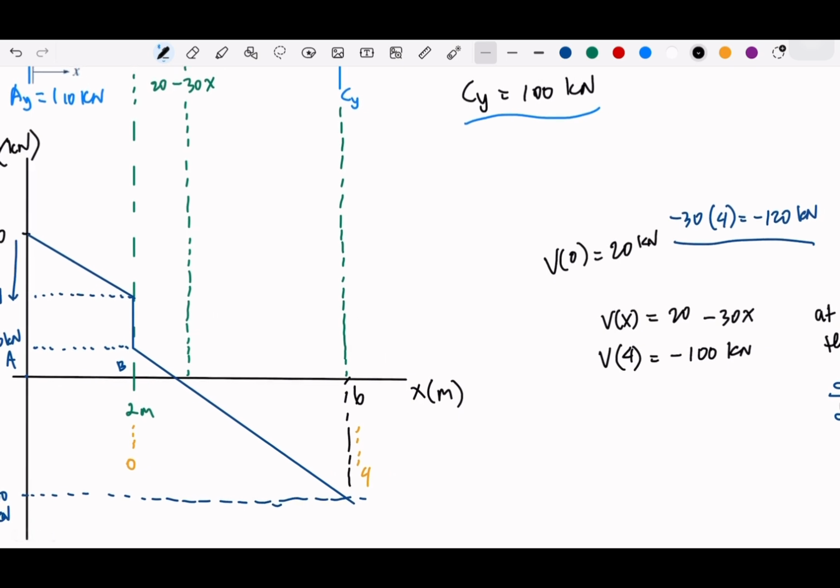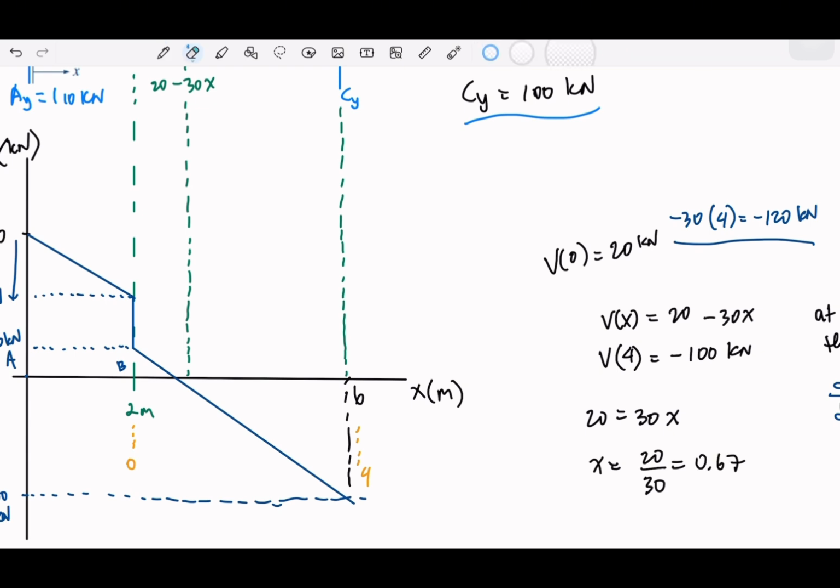So if our V is 0, 20 is equal to 30x. So x is 20 over 30, so 2 over 3. 2 over 3 is 0.6, right? Yeah, 0.67.